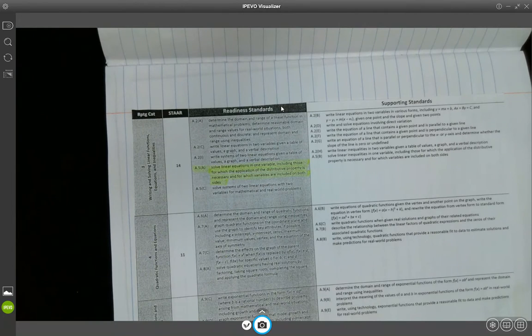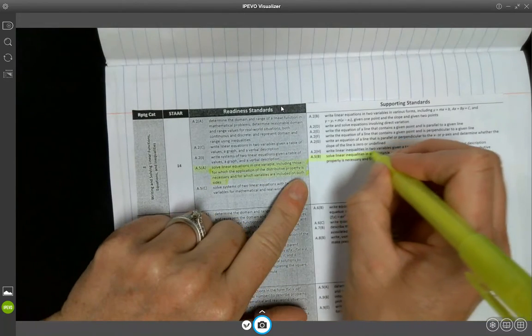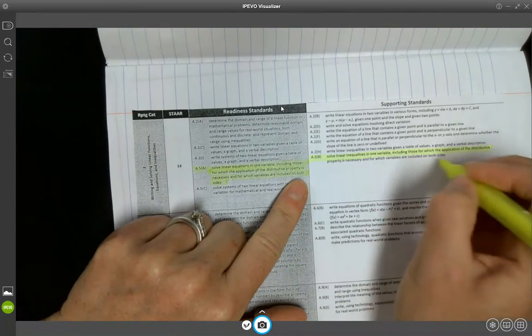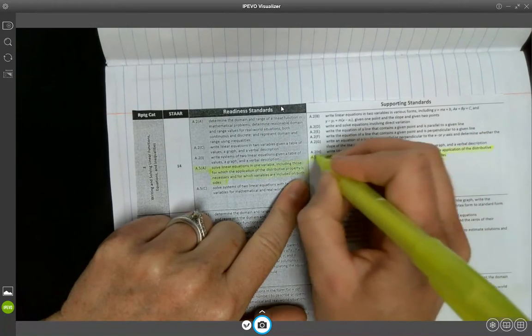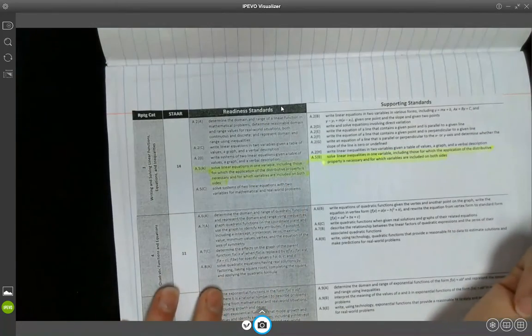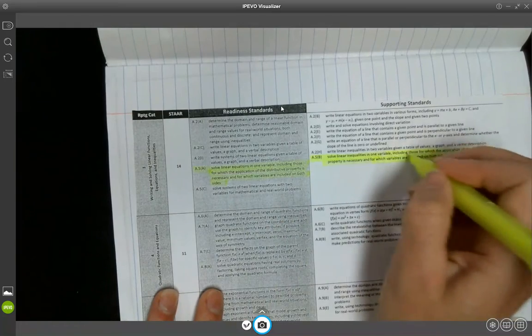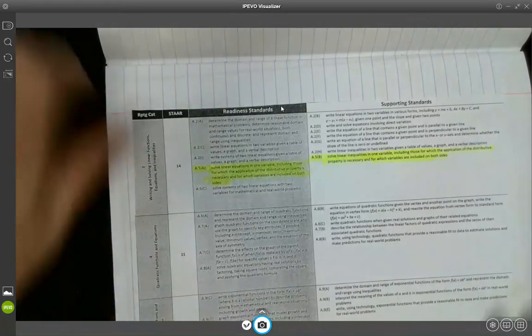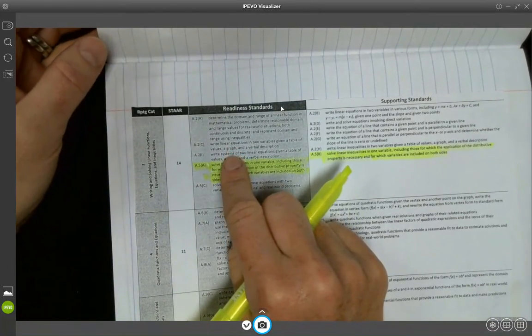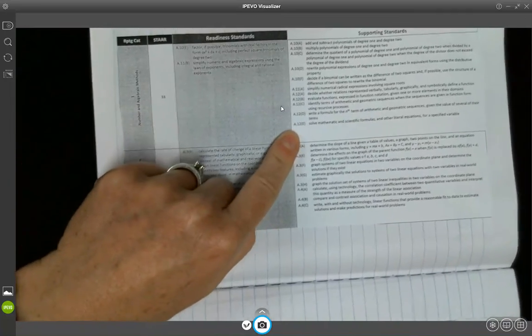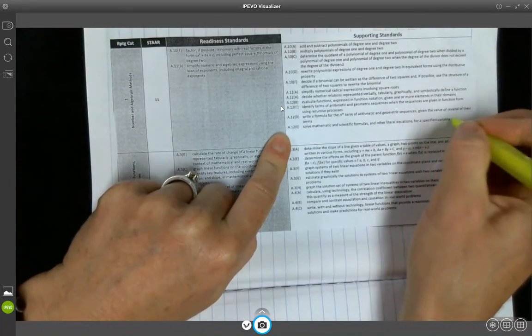And we also did A5B, so it's in the supporting standard side. And then, so these are the two in reporting category 3. And then up in reporting category 1, we did 12E, which is category 1.